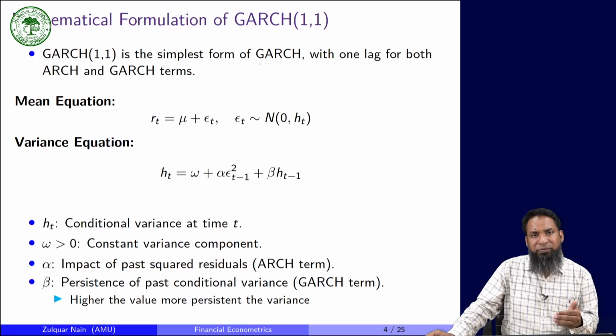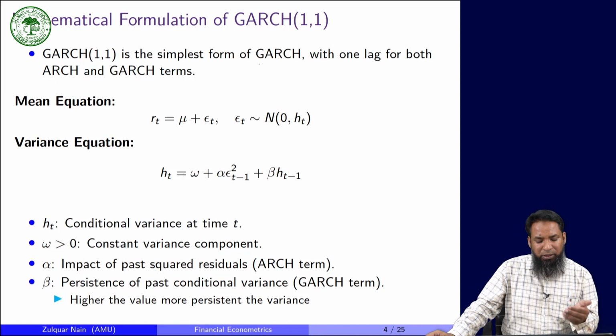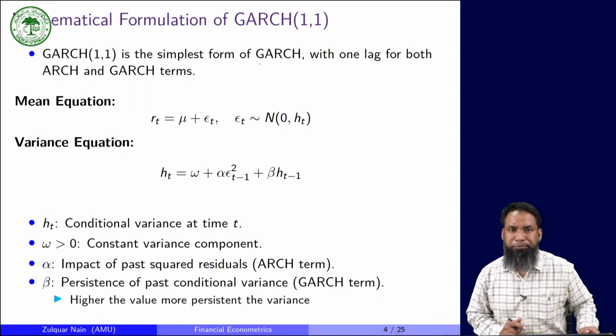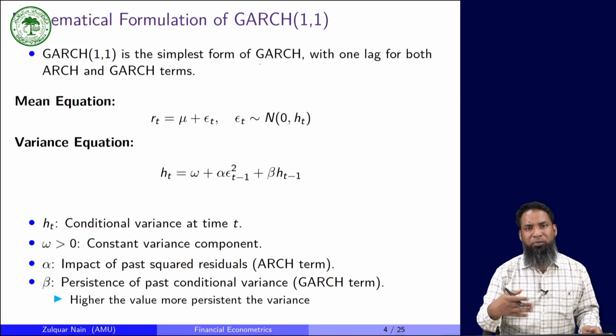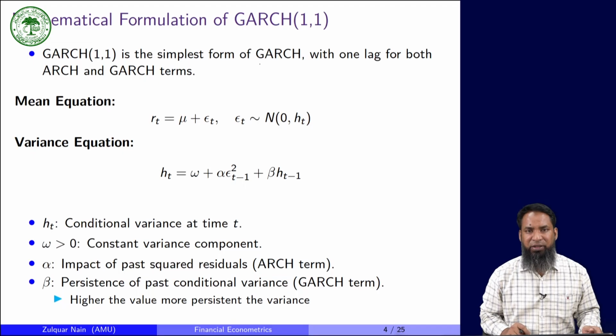GARCH(1,1) reflects that there is one ARCH term and one GARCH term. And following the suggestion that it is better to simultaneously model both the mean and the variance equation.